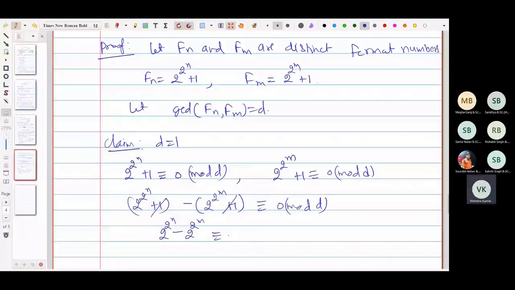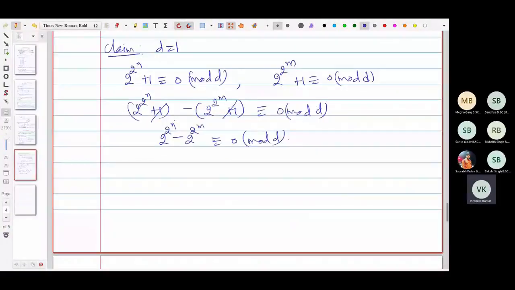It means this is a multiple of d, or d divides this number, and because they are even numbers, d must divide 2. And if d divides 2, it means that either d equals 1 or d equals 2.